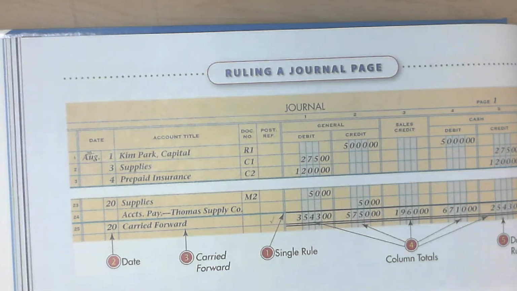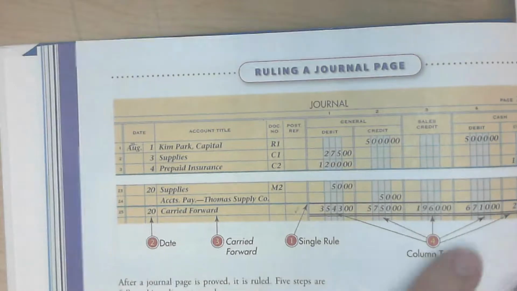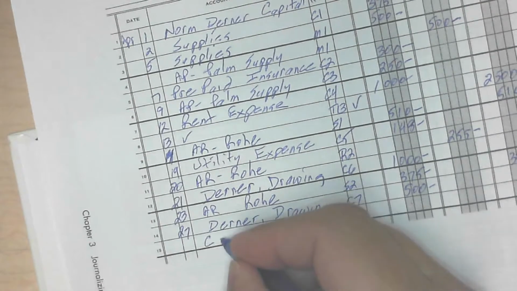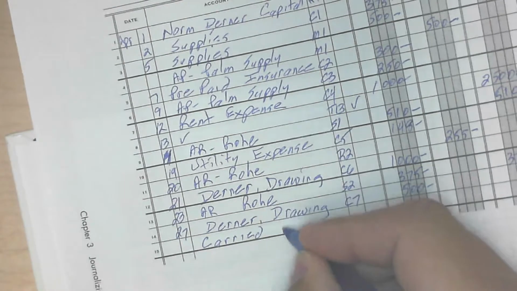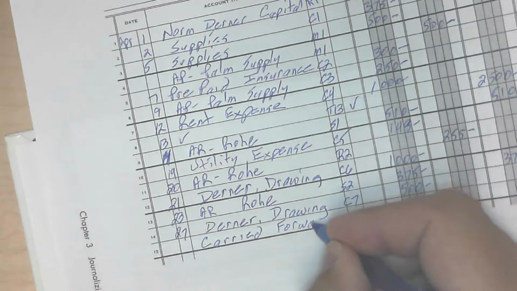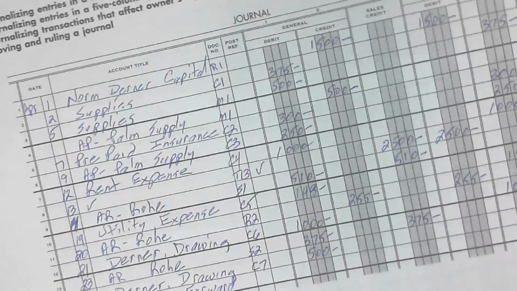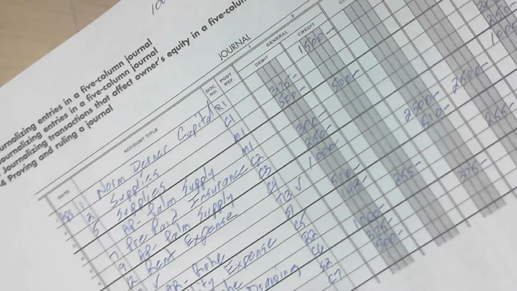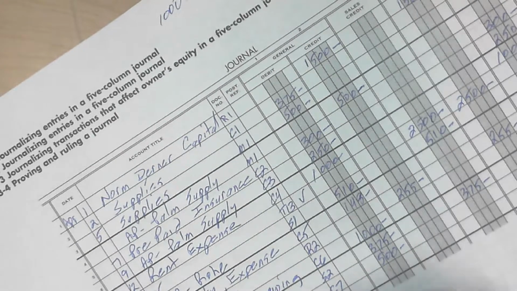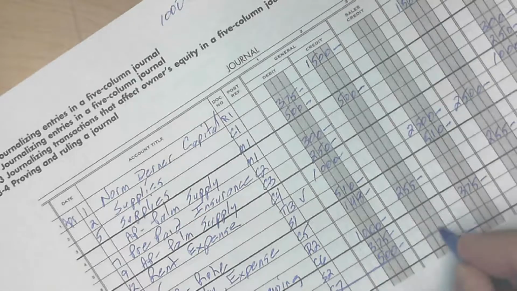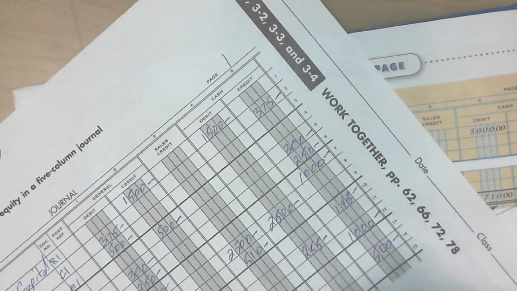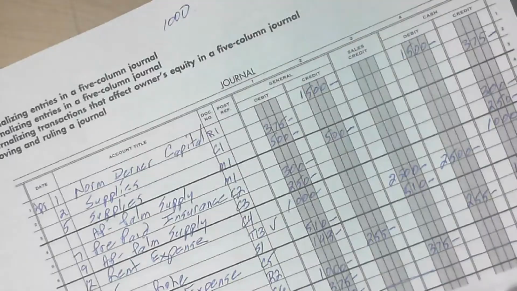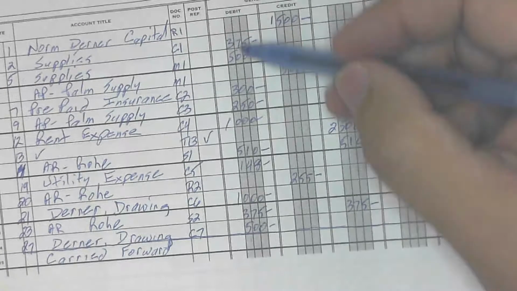That means we're moving it from one page to another. Carried forward. Then we're going to draw a line here. Now all we're going to do here is add up all of these columns.